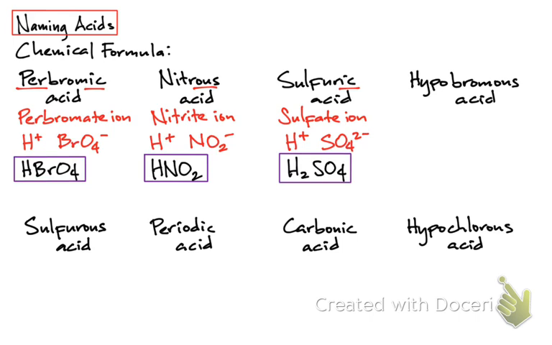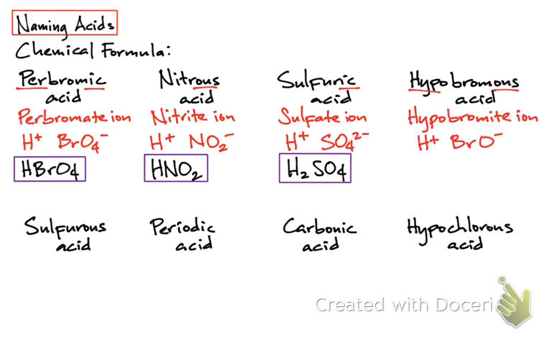Hypobromous acid. So it starts with the prefix hypo. Okay, so that must mean that you only have one oxygen in the bromate ion. So it would be hypobromite ion. And a hypobromite ion has the formula BrO with a negative charge.